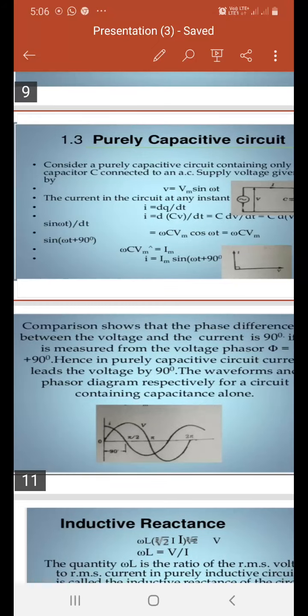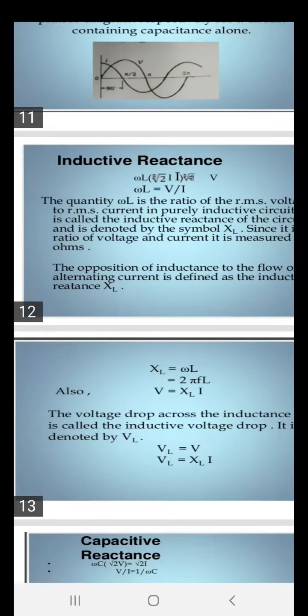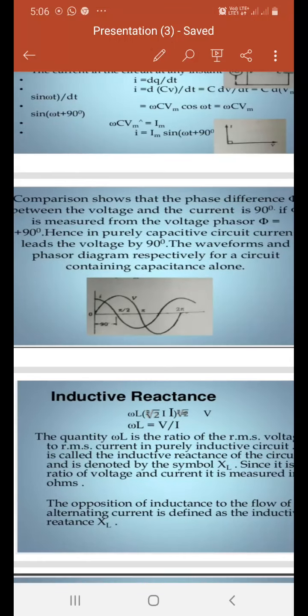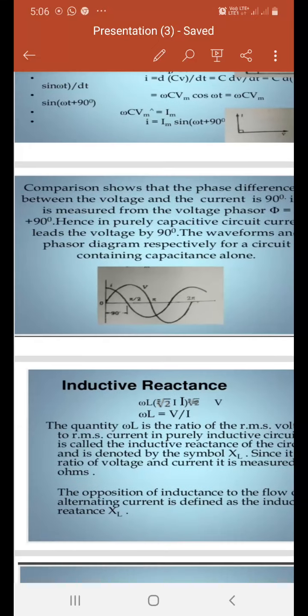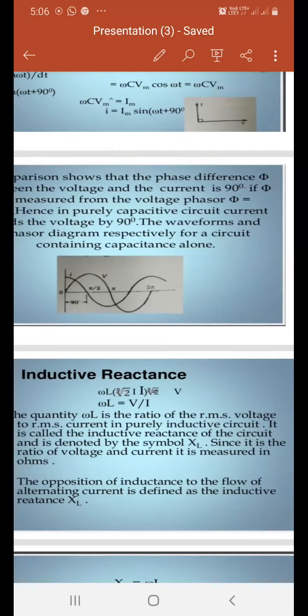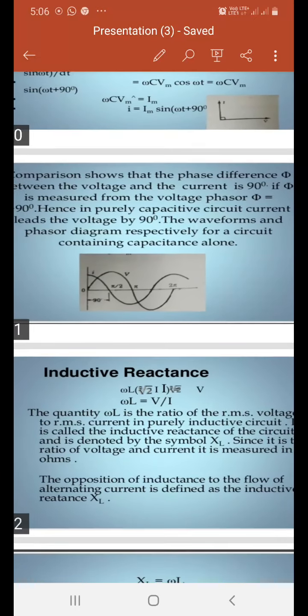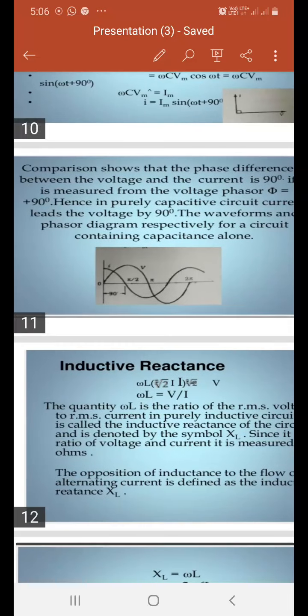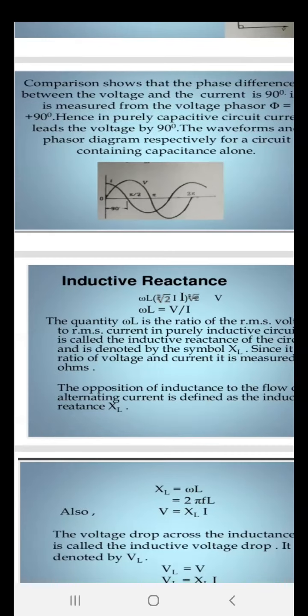Then i is equal to Im sin(omega t plus 90). In the comparison, the phase difference is 90 degrees, and in a purely capacitive circuit the current leads by 90 degrees. The waveforms and phasor diagram are shown respectively for a circuit containing capacitance alone.